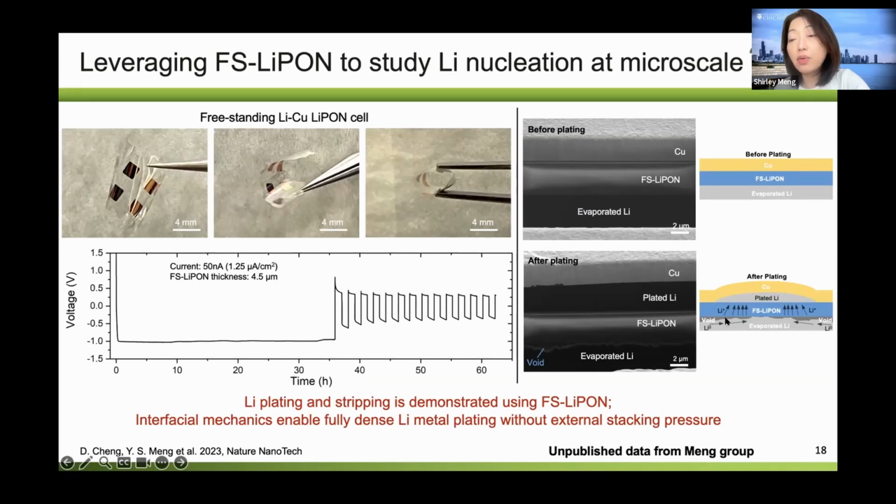And this is just the very beginning of the trials. The ability to make the freestanding LiPON enables us to explore the possibilities. And indeed, it is possible to deposit the lithium without any external stacking pressure in this thin film setup.